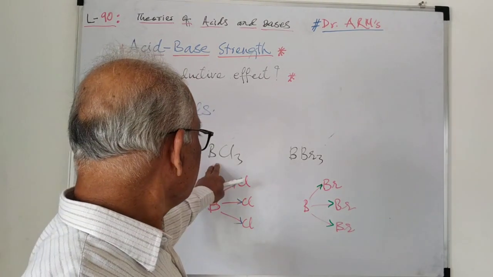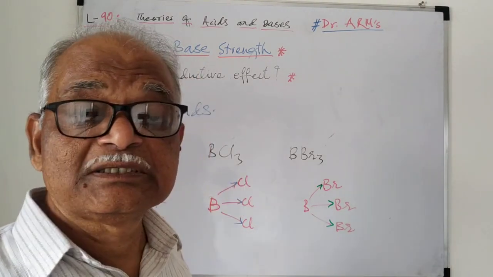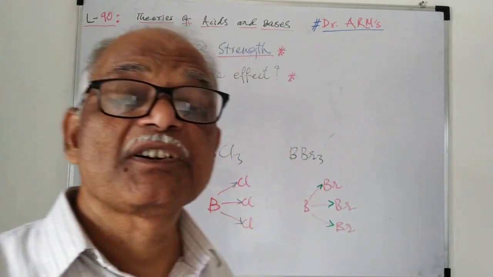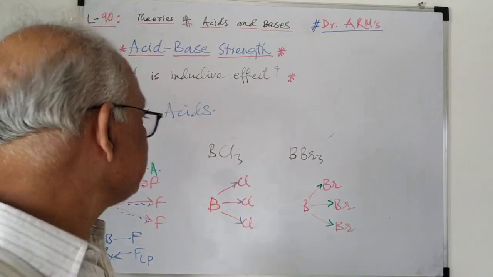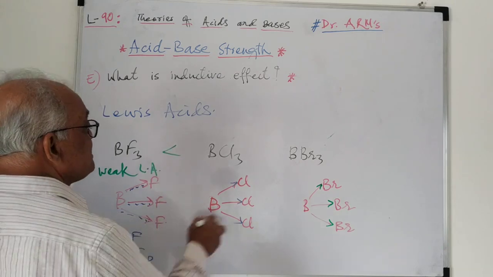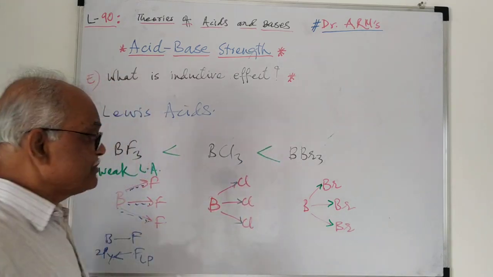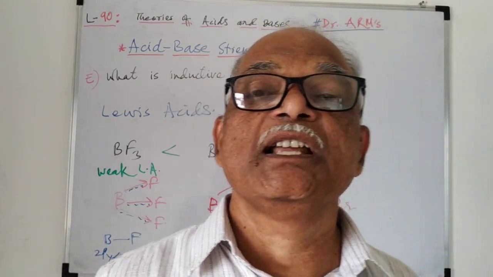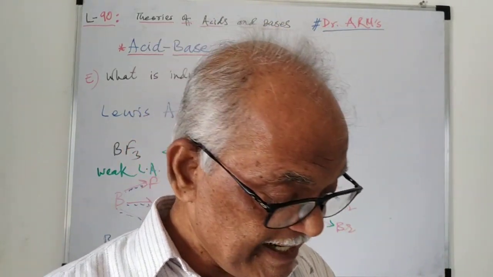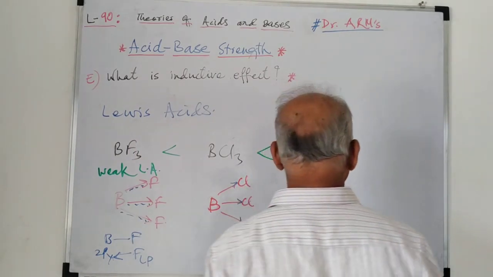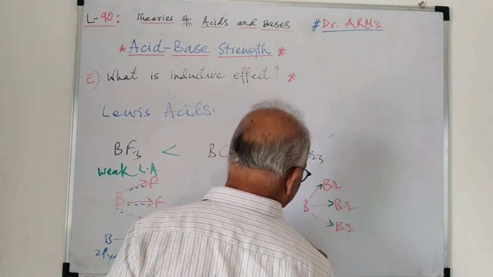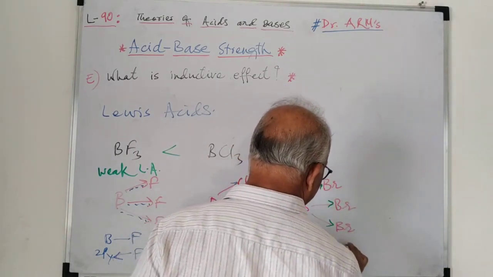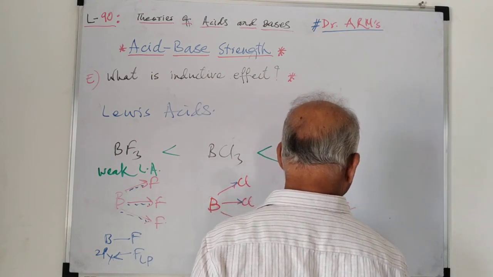Compared to this, boron trichloride becomes a relatively stronger Lewis acid. So the strength of the Lewis acid is shown in this way. Again, BBr3 is still stronger, the strongest Lewis acid.